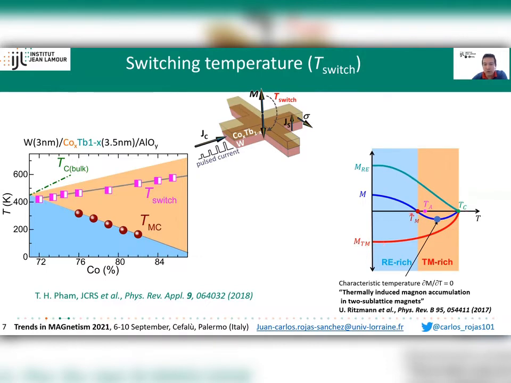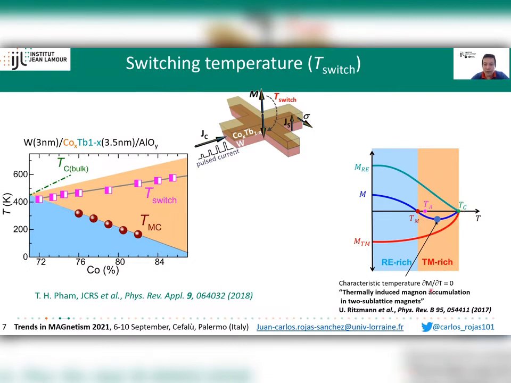So we have a temperature where the net magnetization vanishes. This is the magnetic compensation temperature. Where the angular momentum vanishes, this is the angular momentum compensation temperature, and when the sample is no longer magnetic, this is the Curie temperature.